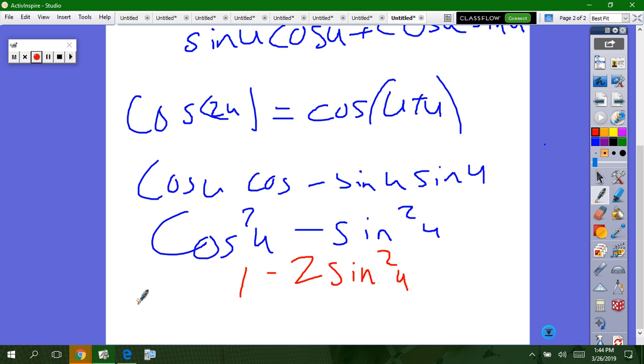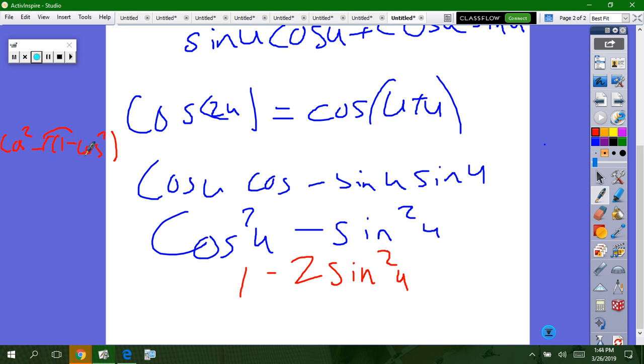So, another way, what's another name for sine squared? 1 minus cosine squared, right? And if I distribute it through, here I'll just write it off the side. Cosine squared minus parenthesis 1 minus cosine squared, because I replaced sine squared with 1 minus cosine squared.